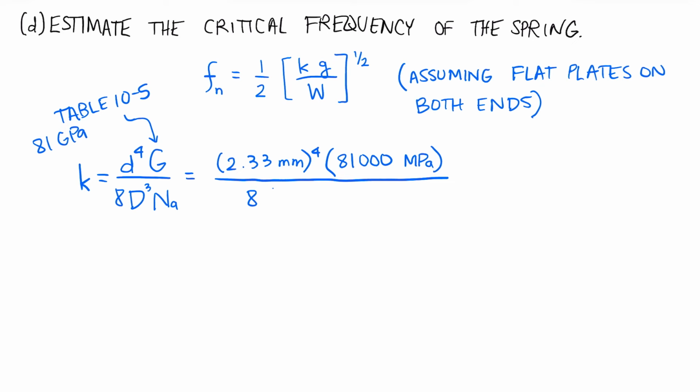So it's just a convenient system to work in. And we're going to divide that by 8 times 11.95 millimeters cubed. And we have 21 active coils, as given in the problem statement.